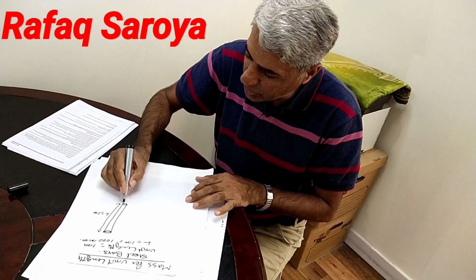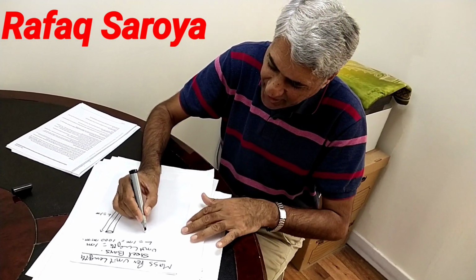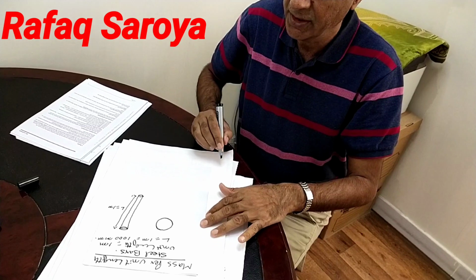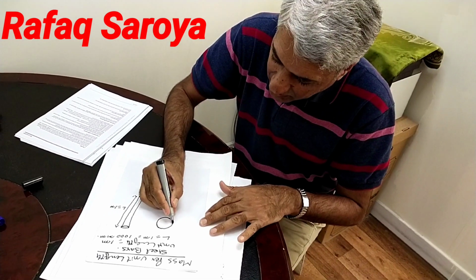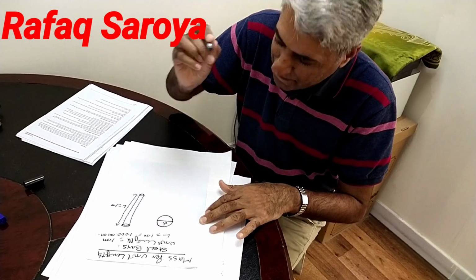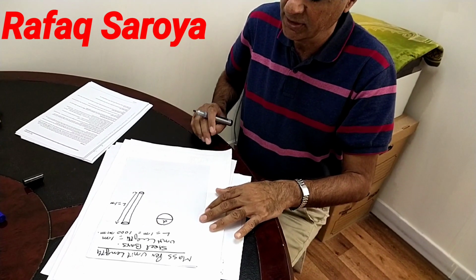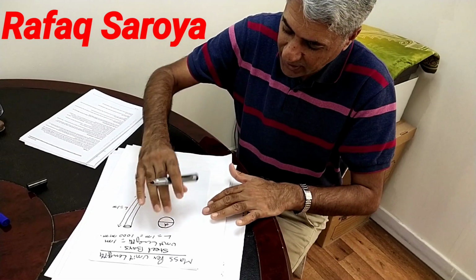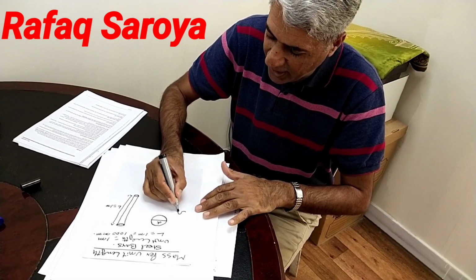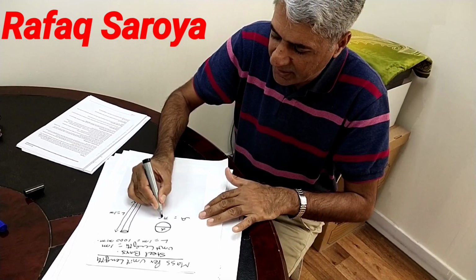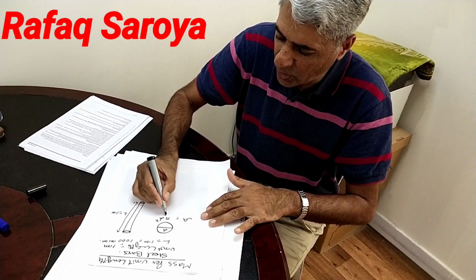Next, you see this end, it's like this. We can say that it has the diameter D, which I have written over here. So this cross-sectional area is formulated by pi d square over 4.